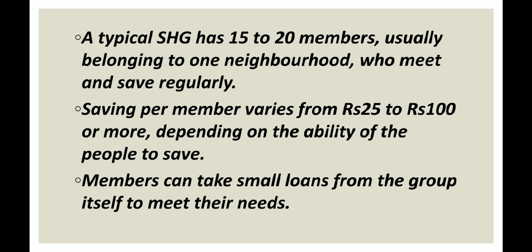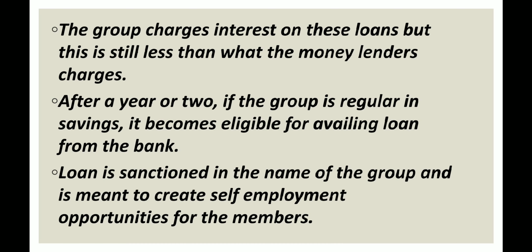Saving per member varies from rupees 25 to rupees 100 or more, depending on the ability of the people to save. Members can take small loans from the group itself to meet their needs. The group charges interest on these loans, but this is still less than what the money lenders charge.